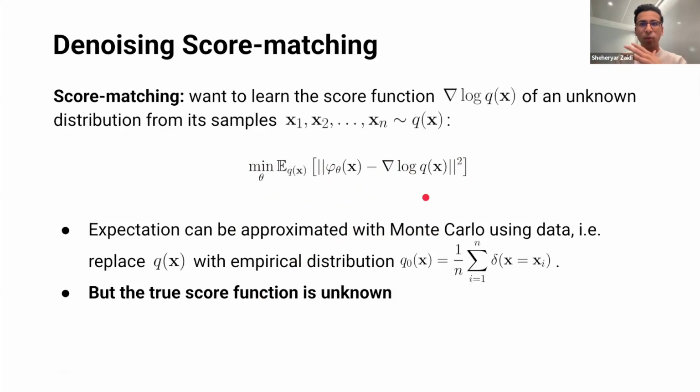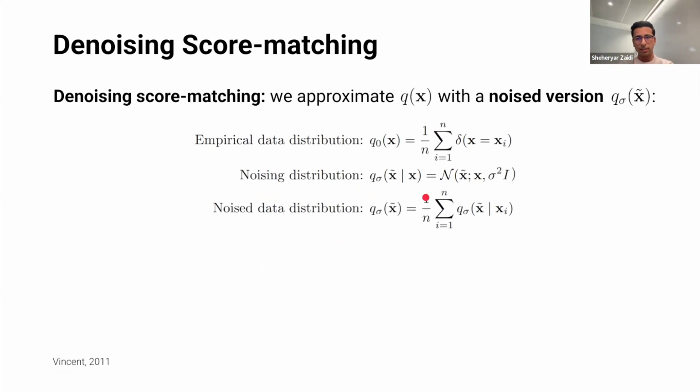One of the main ways they work around this is that you replace the true distribution's score, grad log Q, with grad log of an approximation of that distribution, in this case the noised version. So let's say Q is your true distribution, Q0 is your empirical data distribution. You can define the noising distribution and the noised data distribution.